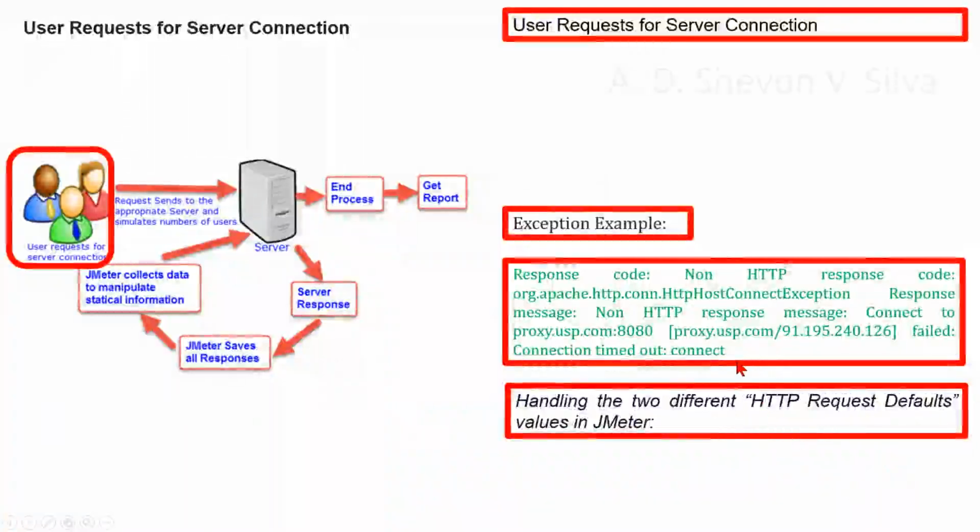As an exception example, we can consider this one: response code: Non-HTTP response code: org.apache.http.conn.HttpHostConnectException, response message: Non-HTTP response message: Connect to proxy.usb.com:8080 (proxy.usb.com/91.195.240.126) failed: connect timed out.